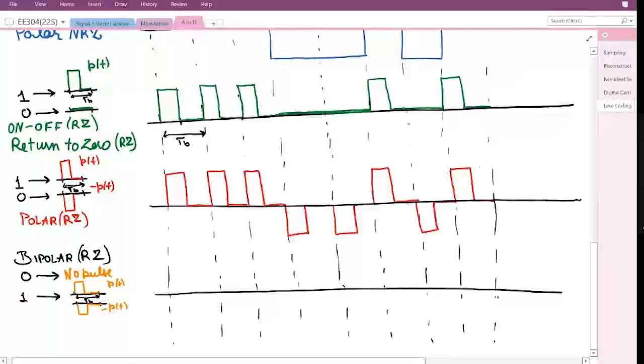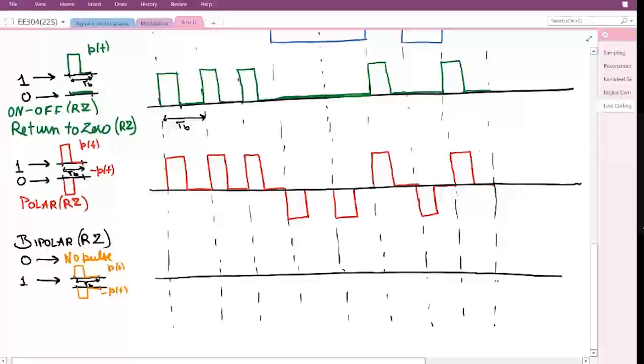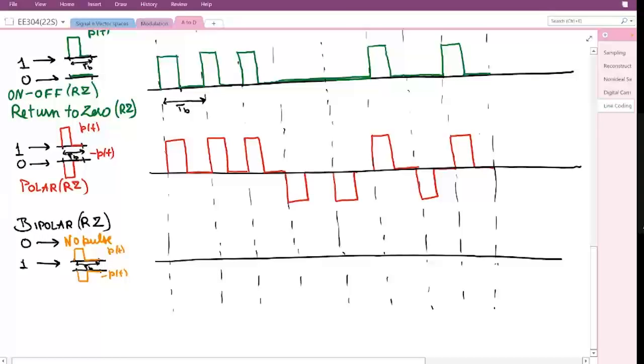So the way in which it is done is, whenever a one comes, it is going to change the sign. If previously it was transmitting PT for the first one, then for the next one it should be transmitting minus PT. So this is how it is going to go, because in here this was 1 1 1 and then 0.